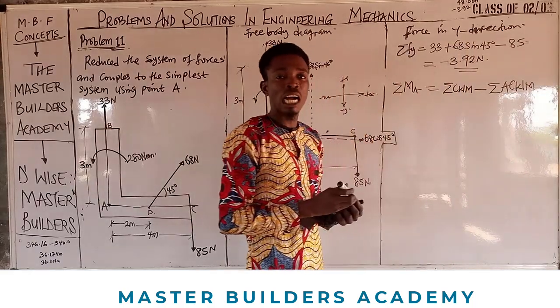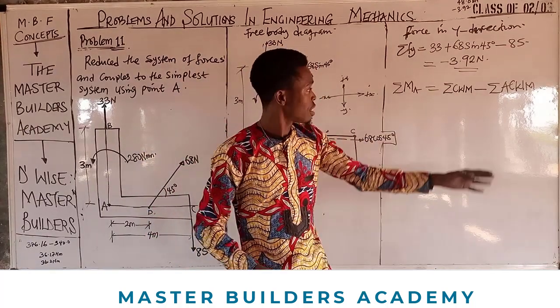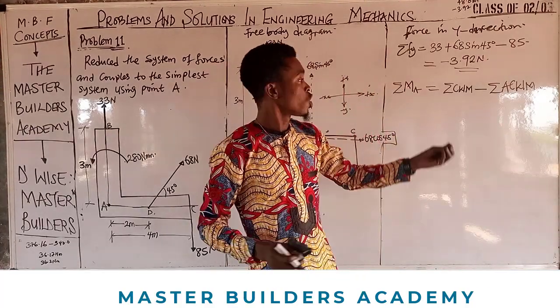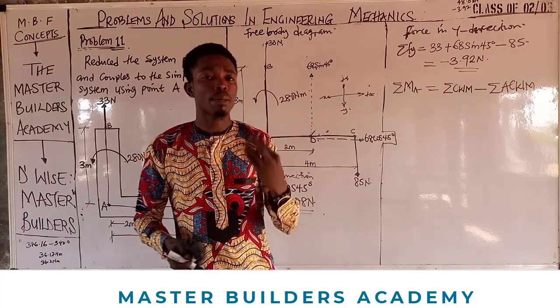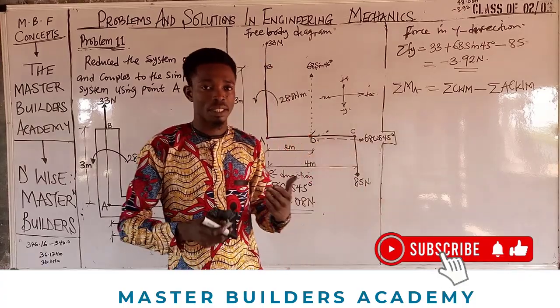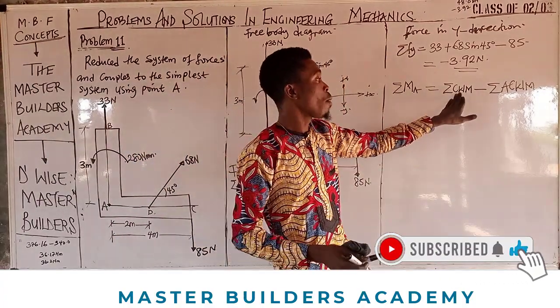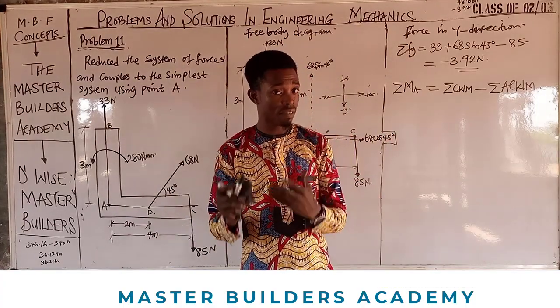Remember, I'm using an acronym here: CW, clockwise moment; ACW, anti-clockwise moment. So we'll get the difference between the clockwise and anti-clockwise moment. Why? Remember, when you are dealing with moment, clockwise is positive, anti-clockwise is negative. So that's how we have positive moment minus negative moment, right? Which is very, very simple.